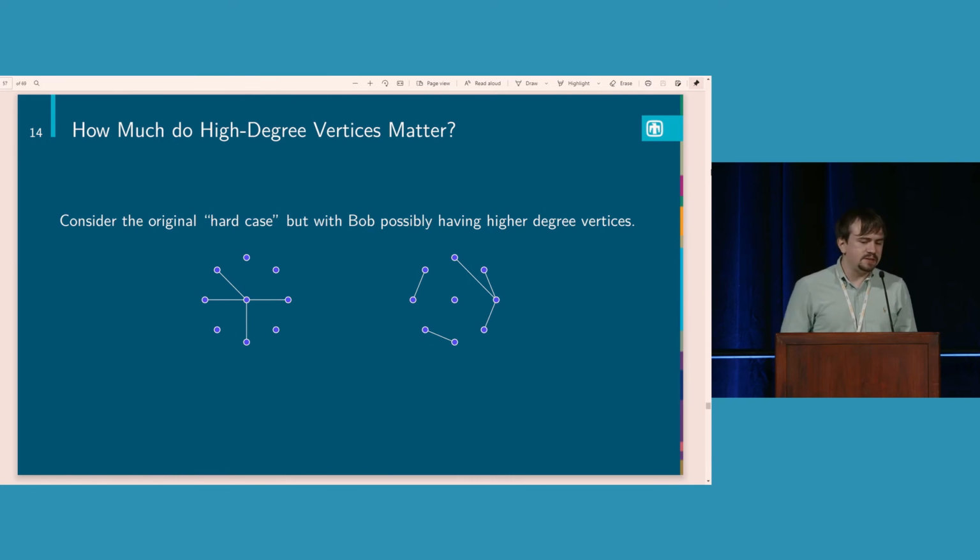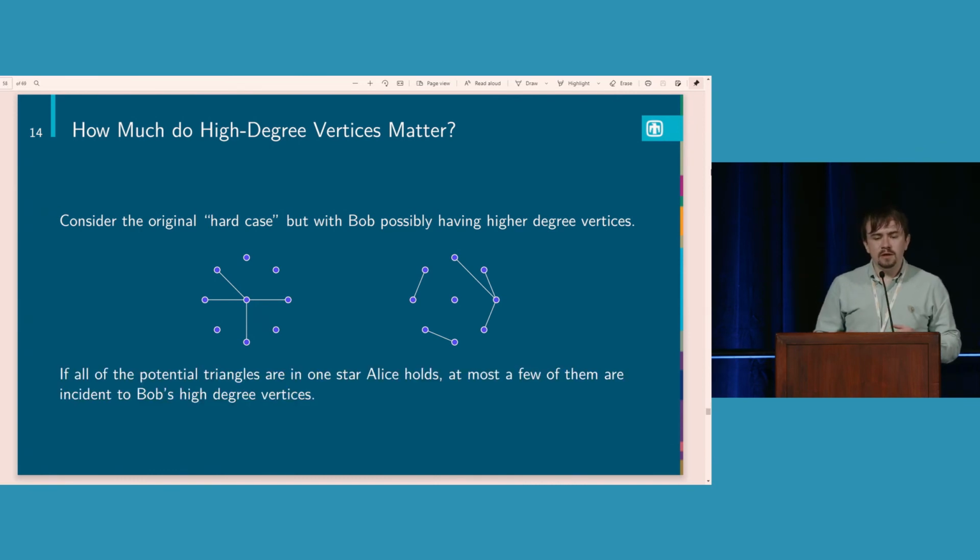In this case, remembering that all triangles that were formed by their two inputs were edge disjoint, and so they're all going to have to come from a two-path going through Alice's central vertex, that means that every triangle in the final graph will be incident to a different pair of Bob's vertices, and so not that many of them can be incident to any high-degree vertex.